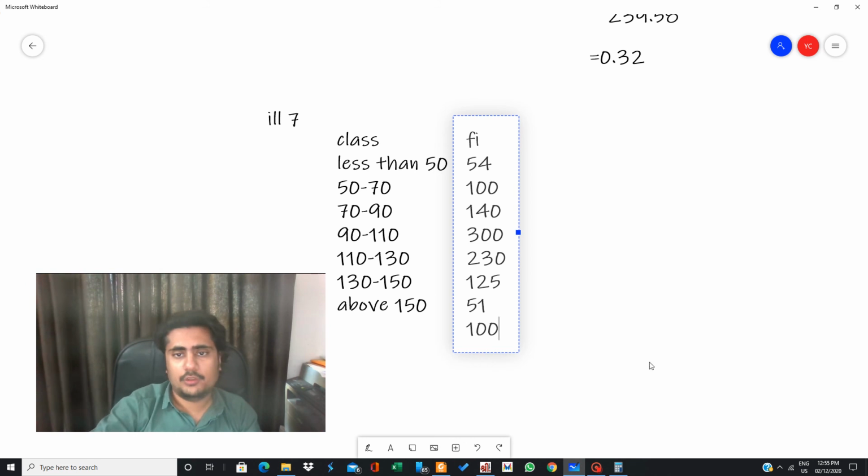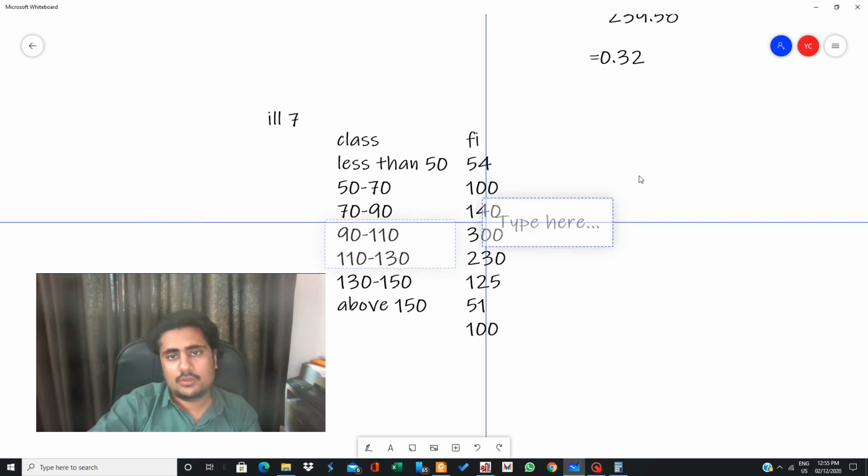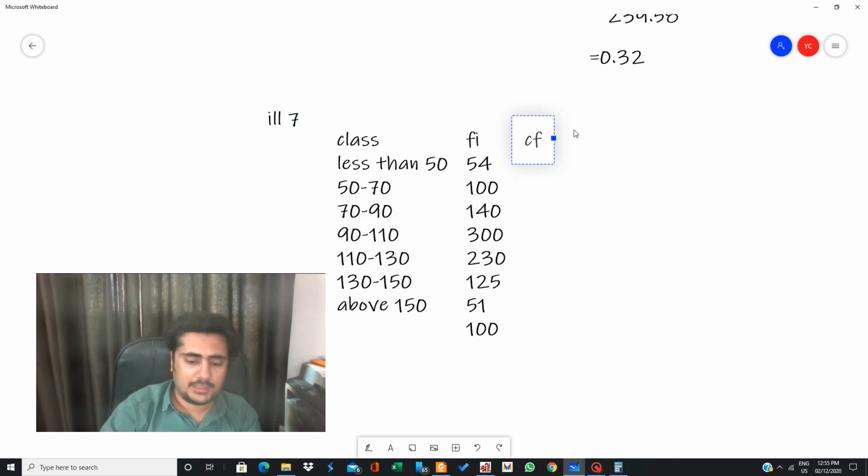We have to find the cumulative frequency also.